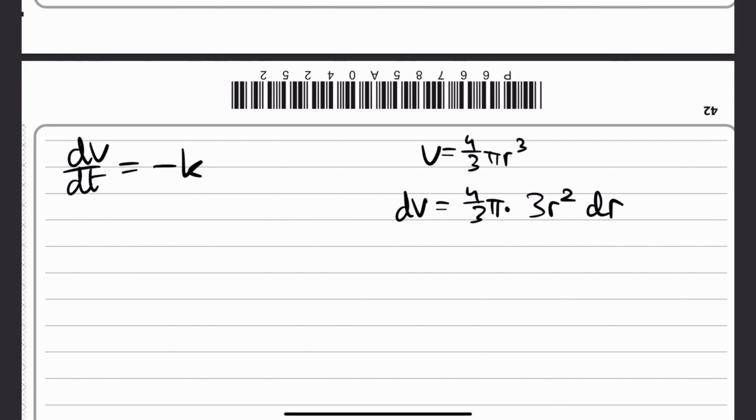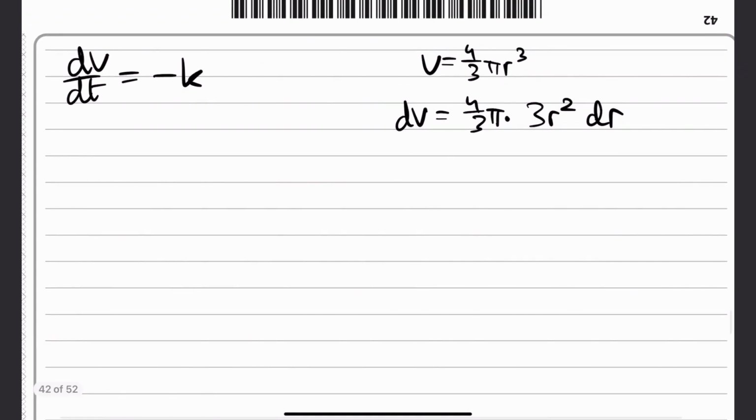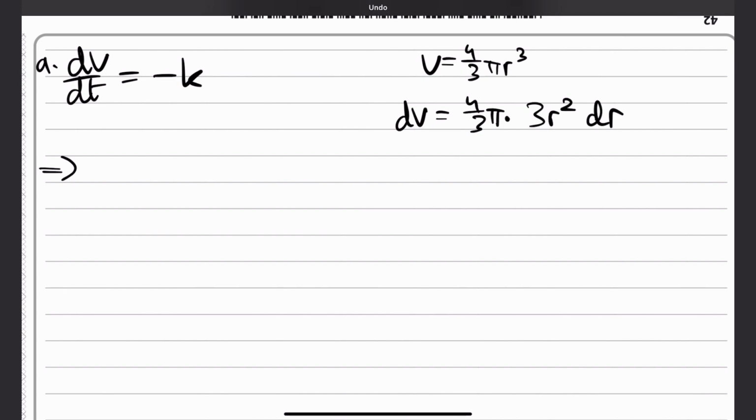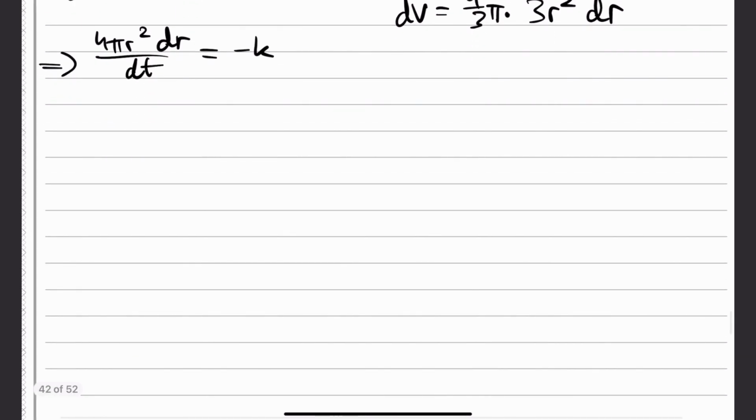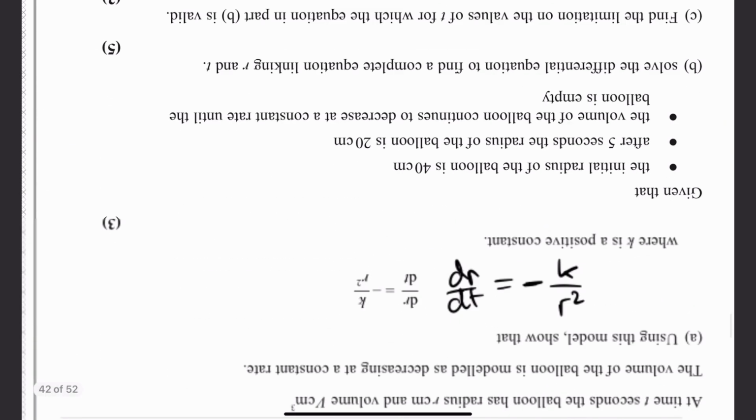So that's given us a formula for that. And now we just put that in. So therefore, that is 4 over 3 multiplied by 3, so I can just cancel this out. So it's 4 pi r squared dr over dt equals negative k. So dr by dt is equal to negative k over that. What did it want though?